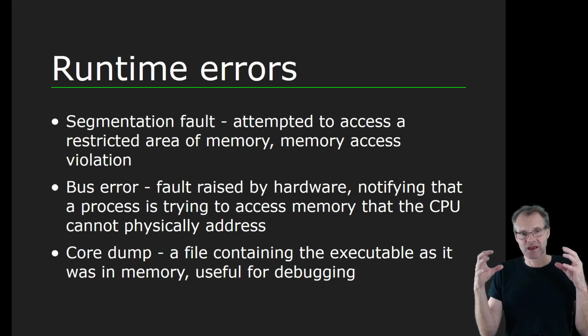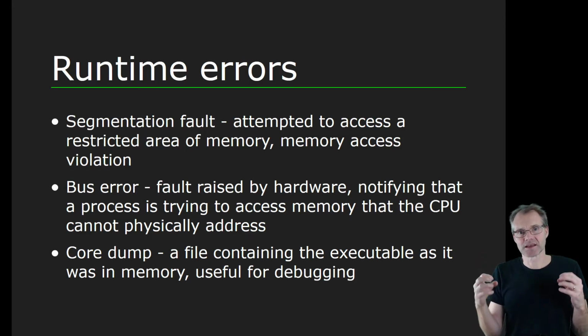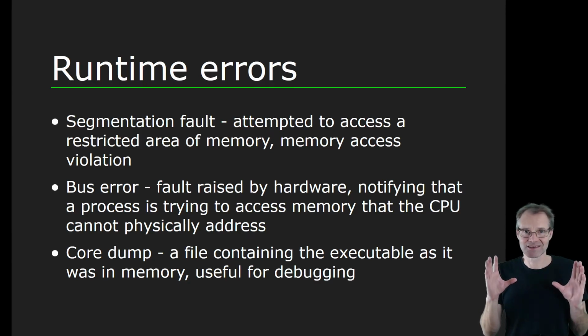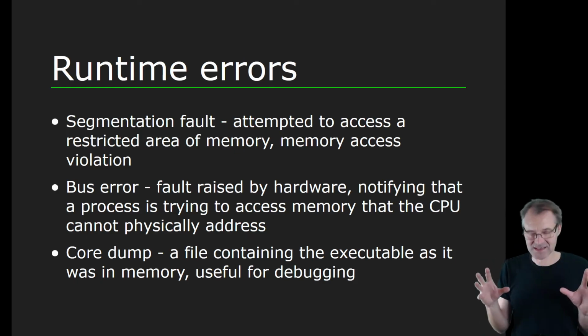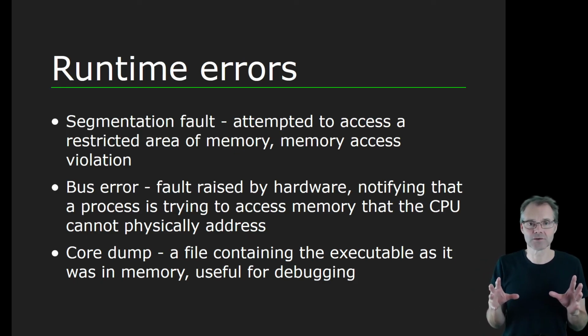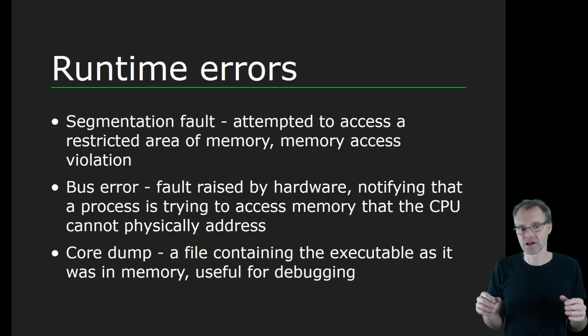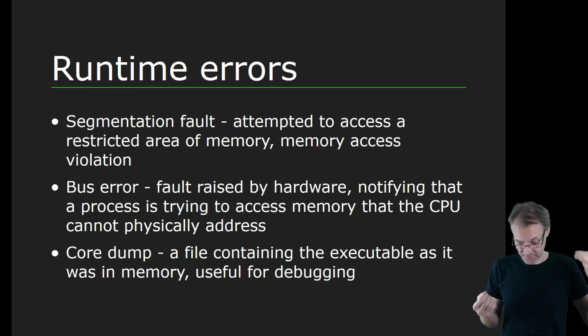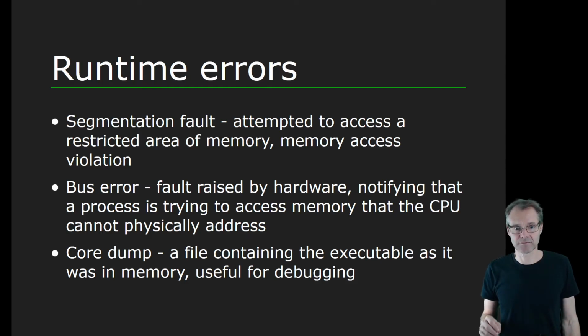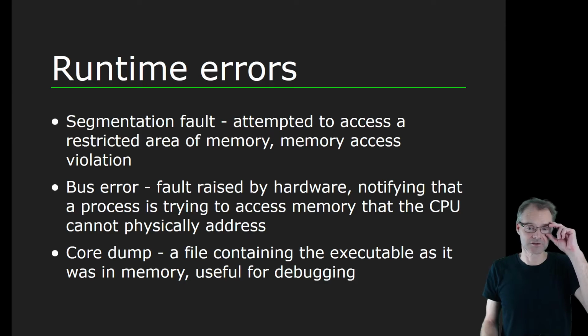That is, at the moment it fails, the core dump file is created as an exact snapshot of the whole process in memory at that time. And that is really, really useful for us to debug. So debugging core dump files might be a good thing to learn when we want to be a really good C programmer.